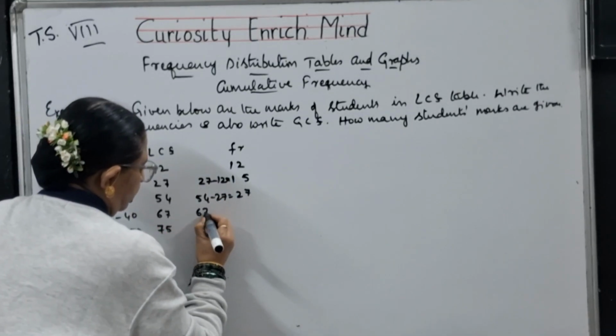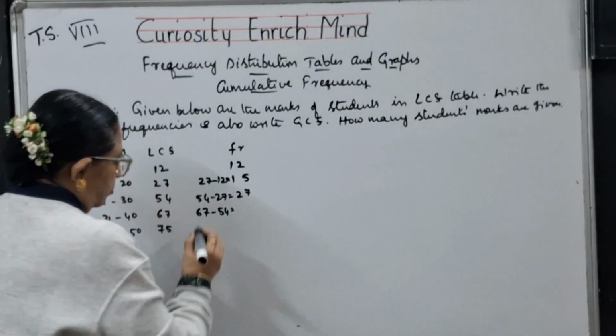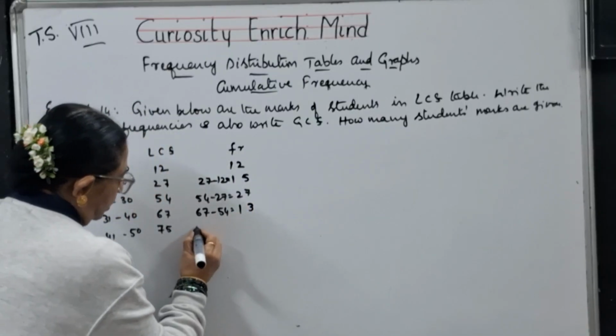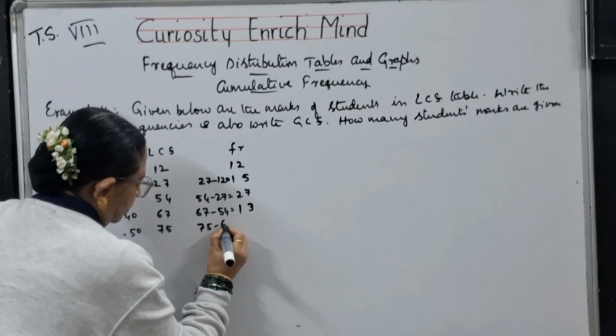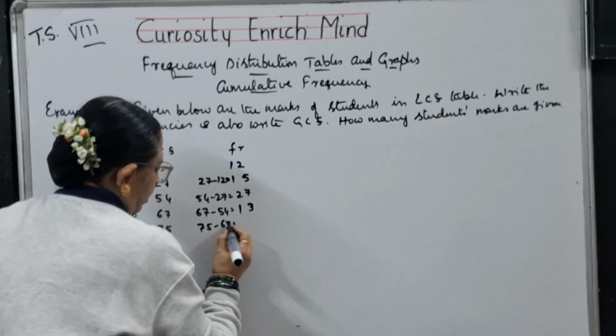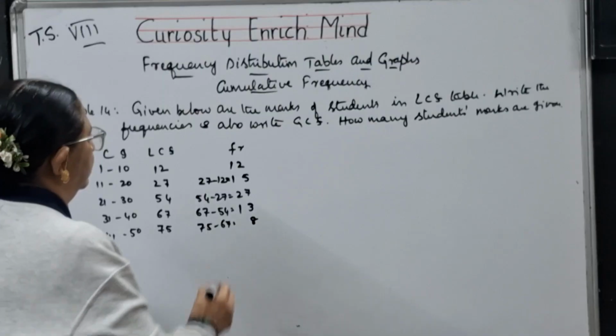Then 67 minus 54 is 13. And 75 minus 67 is 8. So the frequencies are these.